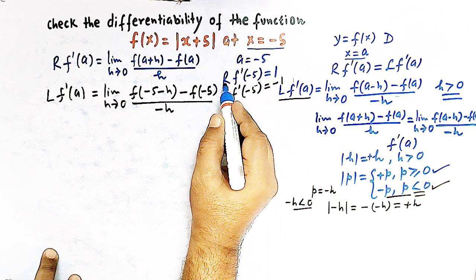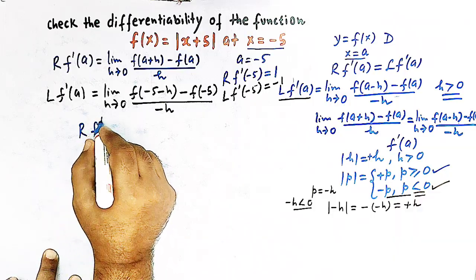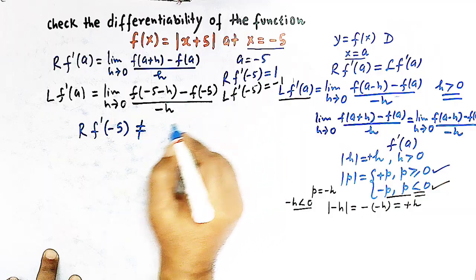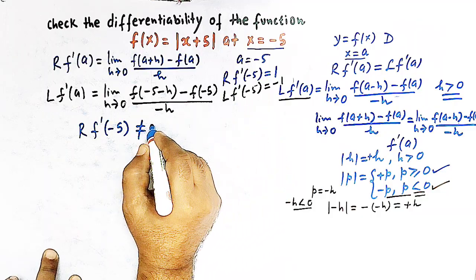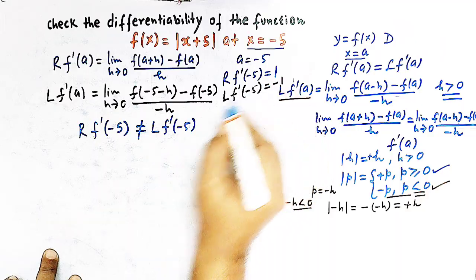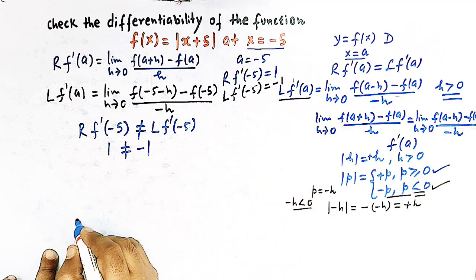So now we see that the right hand derivative, that is R f prime of minus 5, is not equal to the left hand derivative, that is L f prime of minus 5, because 1 is not equal to minus 1, right?